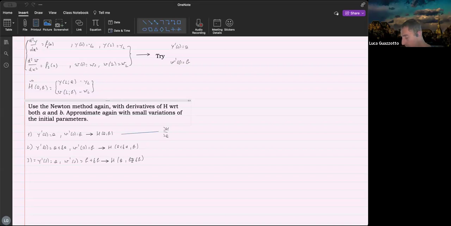Partial derivative of H with respect to A, and this is the partial derivative of H with respect to B. There you go. And it will hopefully sync in a moment, and then you're pretty much done.